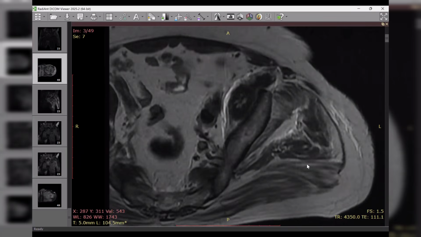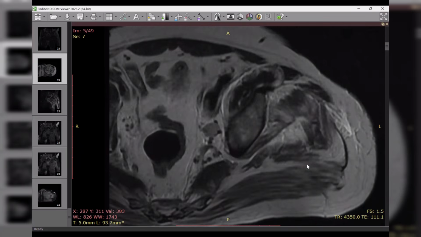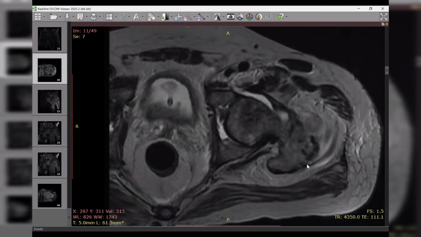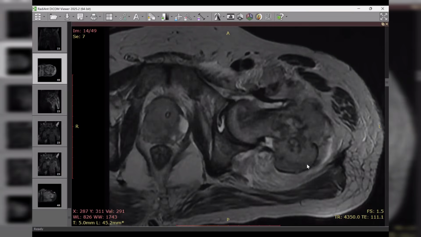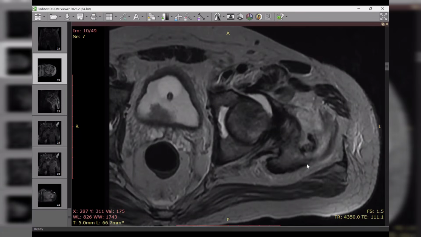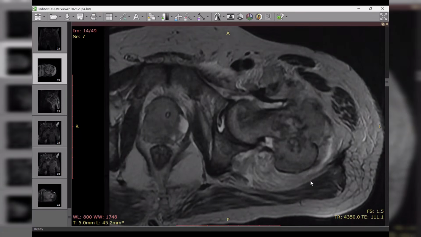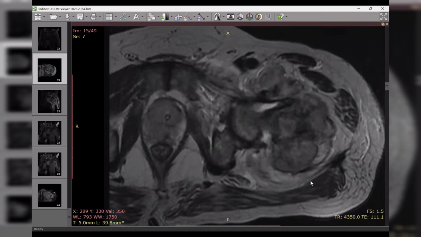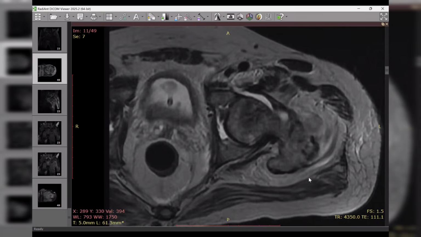What do you think? On T2, it's very low. I see in the bladder some polypoid lesion on the posterior wall.